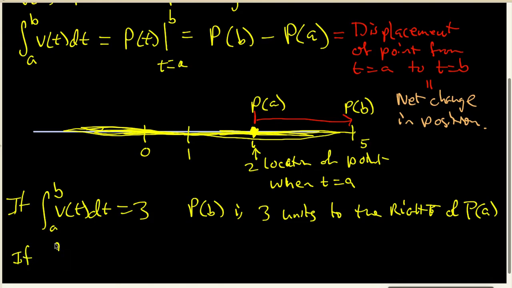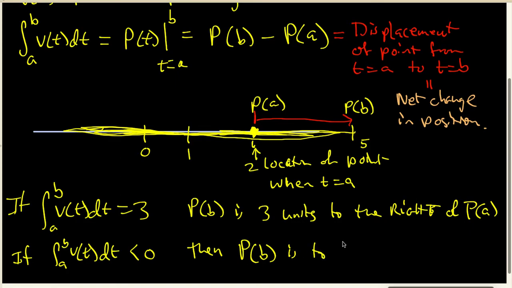On the other hand, if the definite integral winds up being less than 0, then that basically is saying that my displacement is going to the left. In other words, p of b is to the left of where p of a was. And so the integral of velocity just represents displacement, and that's because velocity itself represents which direction you are going as well as how fast you are going.